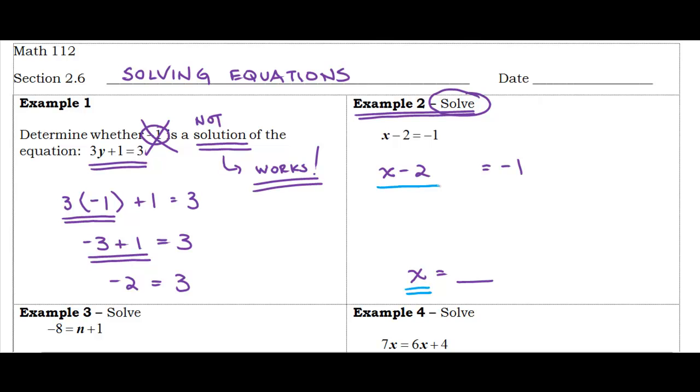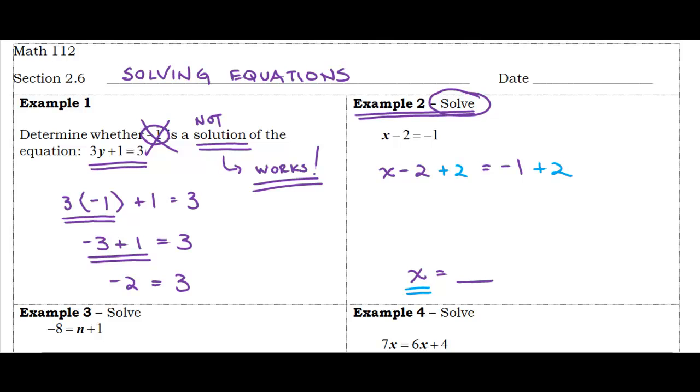Okay? So, if you spend $2, how do you get back to where you started? Add $2. So let's add 2 to both sides. Is my scale still balanced?